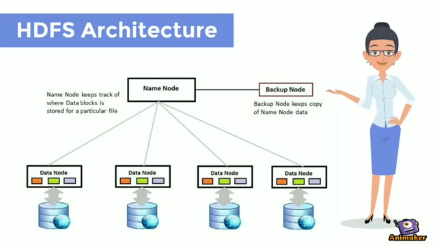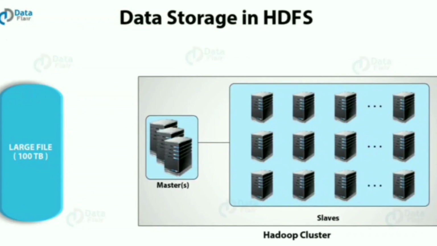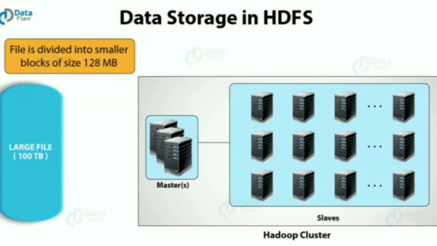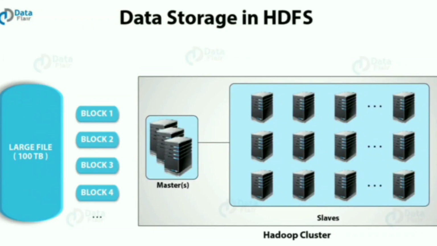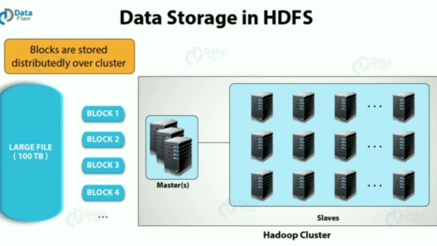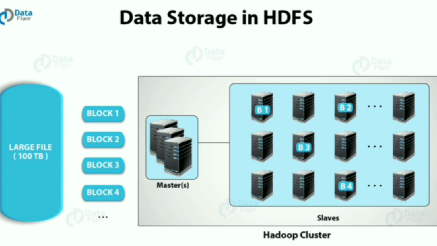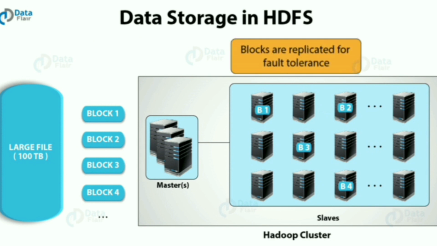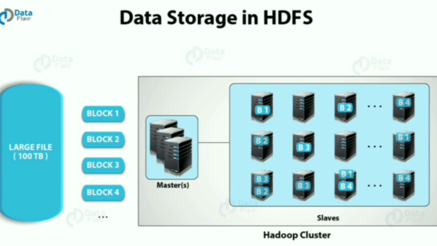Name node maintains and manages the slave nodes and assigns tasks to them. The big data files get divided into number of blocks. Hadoop stores these blocks in a distributed fashion on the cluster of slave nodes. Master node maintains the metadata information.